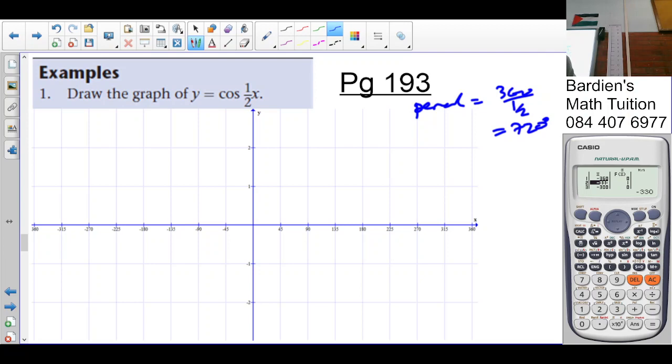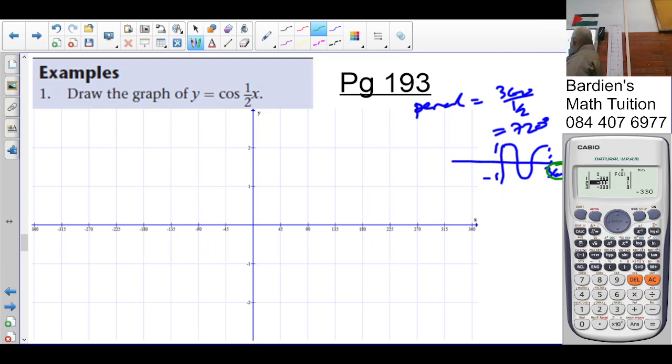Now if you look at the basic cos graph, and this is what I do, I don't use a calculator all the time. So I go to the basic cos graph. That is 1 and minus 1. Then I do the changes on the side here. If this is 360, then this point here is going to be now 720.